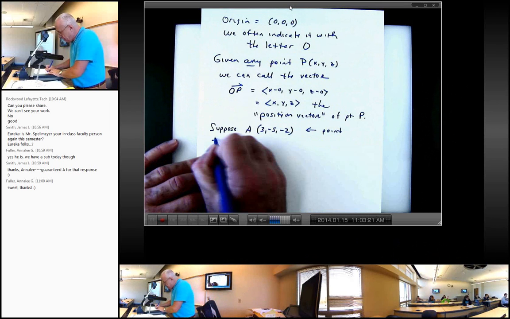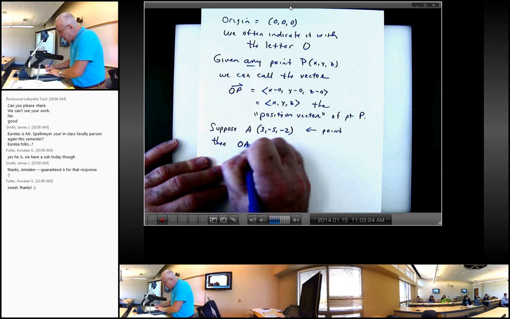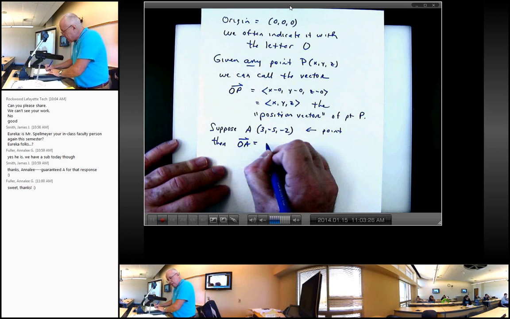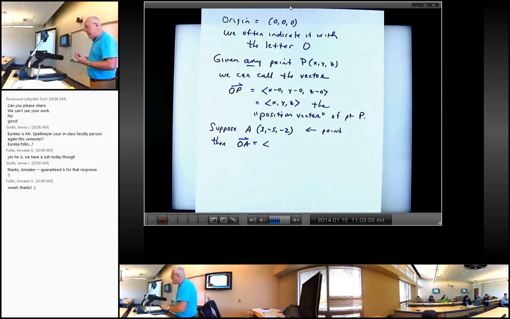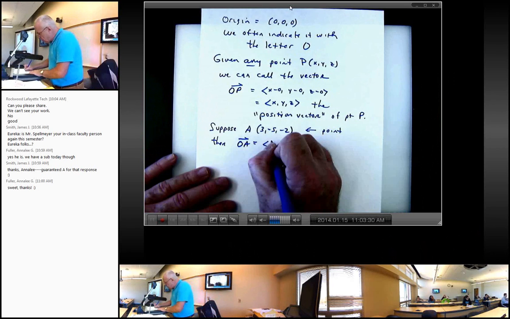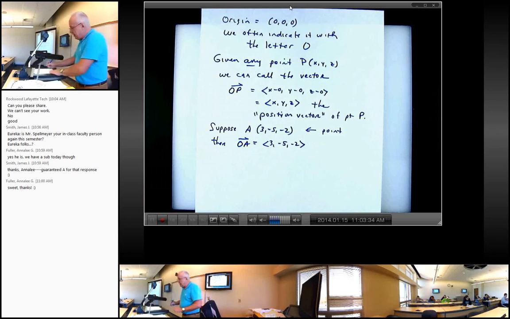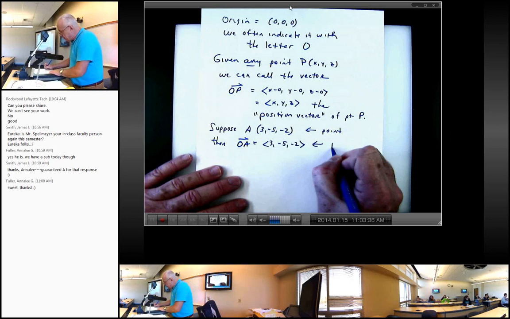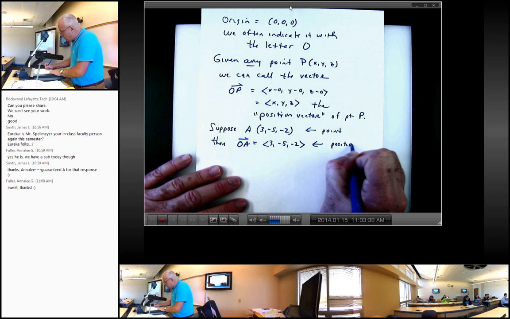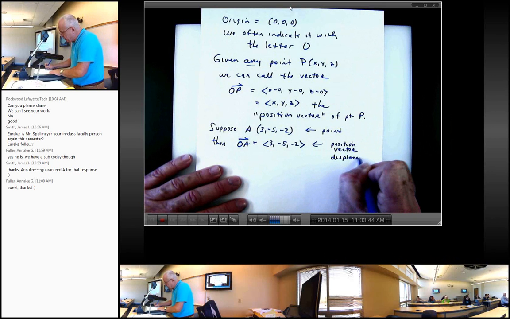Then the OA vector is equal to, now we have the angle bracket, <3, -5, -2>. We can call this a displacement vector or a position vector. Two words we could use for it.